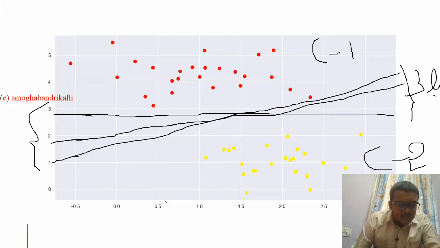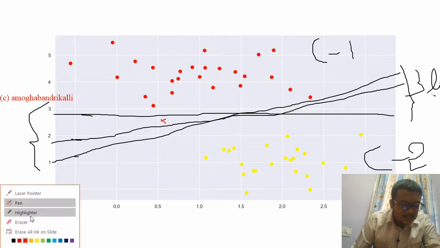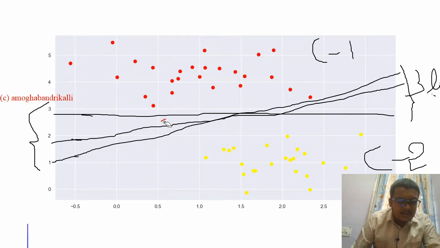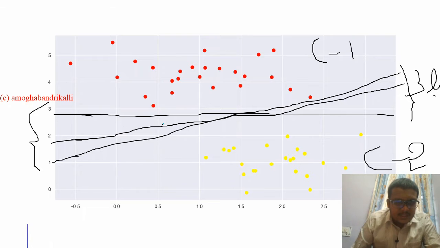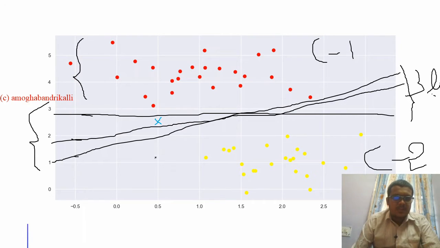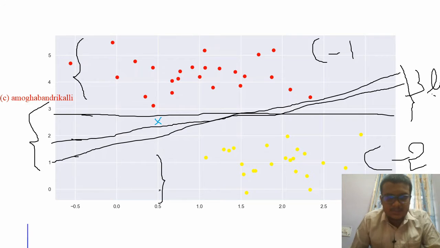So at some point here there is a new data. Let me take a new color. It is not resembling any of our classes. It is new data, so this new data should be pushed to one of these classes, class 1 or class 2.